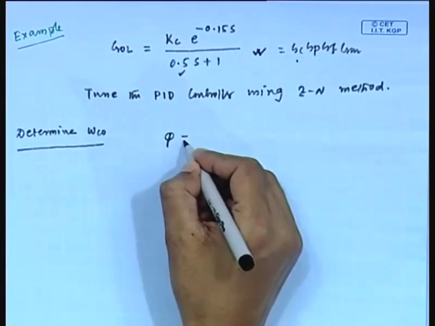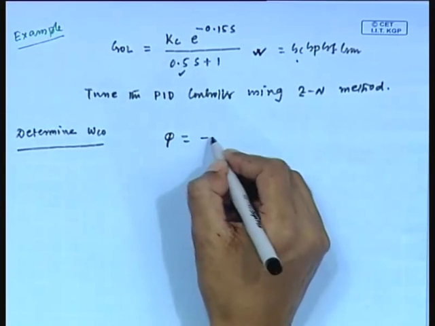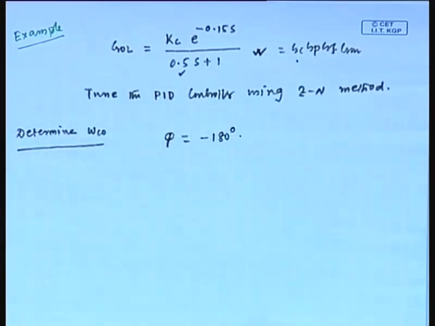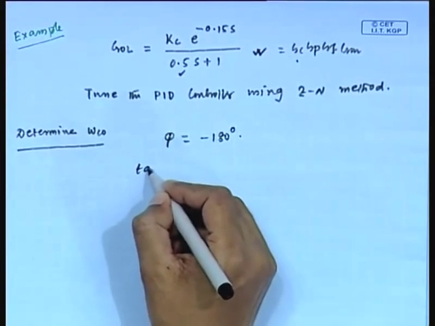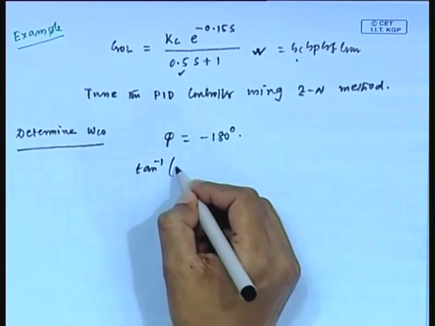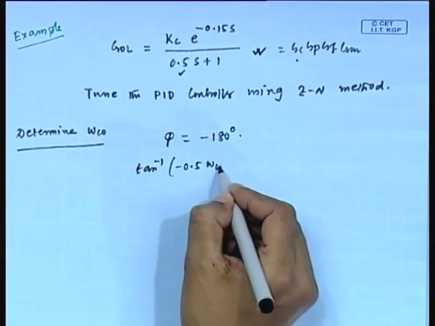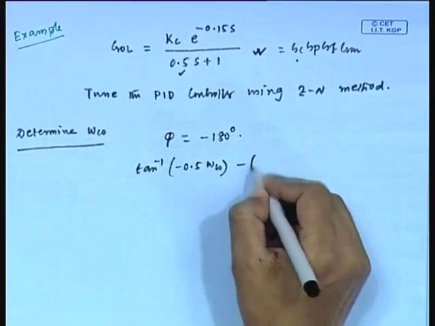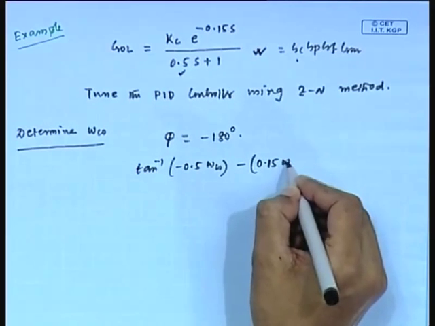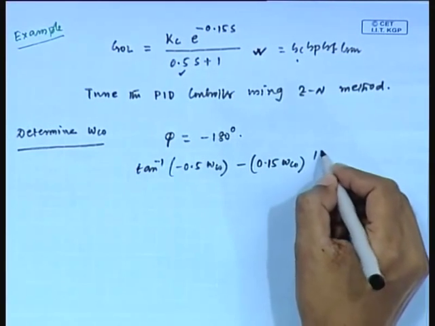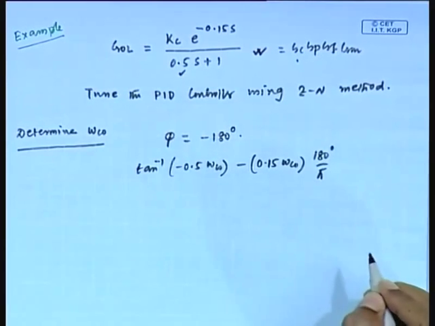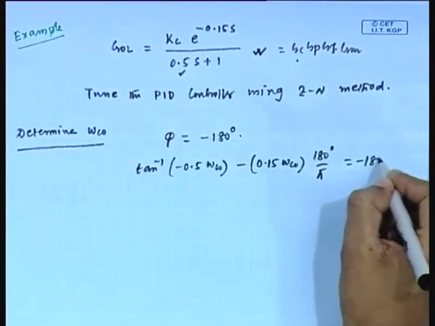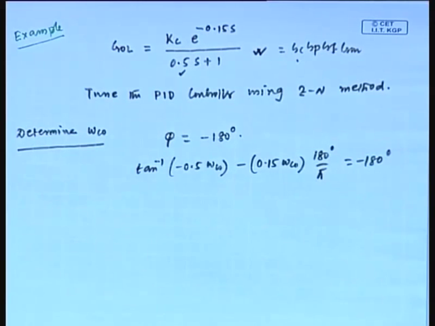For determining crossover frequency, we write phi equal to minus 180 degree. What is the phi expression for the open loop transfer function given? Minus tan inverse 0.5 omega CO, minus 0.15 omega CO multiplied by 180 divided by pi, that is equal to minus 180.